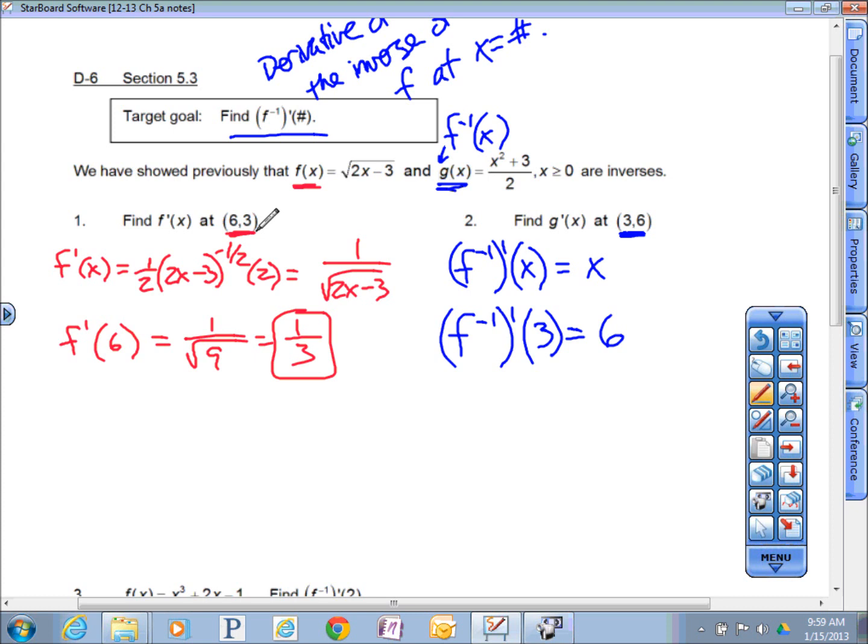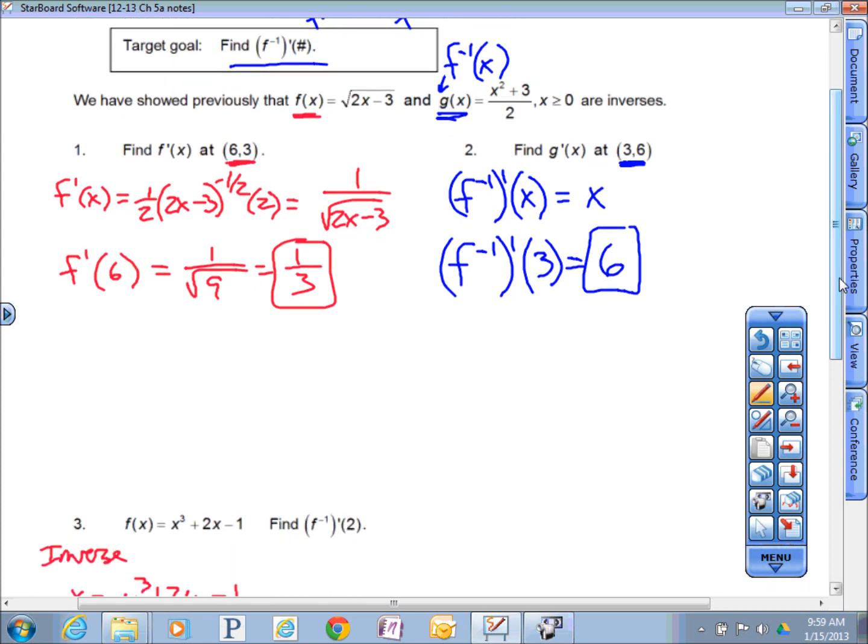And when we have these partner points going on, we're going to notice the same relationship every time. If I find f inverse prime of one partner, it's going to be the reciprocal. Whoops, I'm sorry. All this time I've had a 6 sitting here. This shouldn't be a 6. This should be a 3. If I plug 3 into that x, I'm going to get a 3.